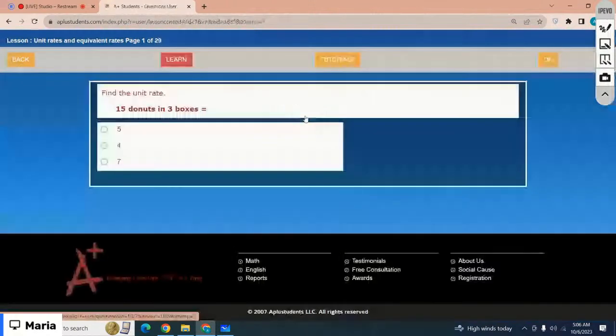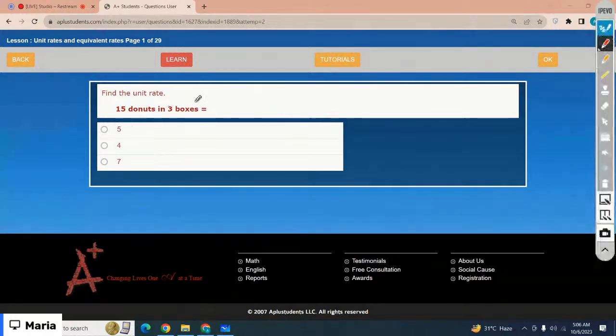Okay, 15 donuts in 3 boxes. You need to see how many donuts in one box, because you have 15 donuts in 3 boxes. So you need to do 15 divided by 3. 3 times what number is 15? 3 times 5 is 15.